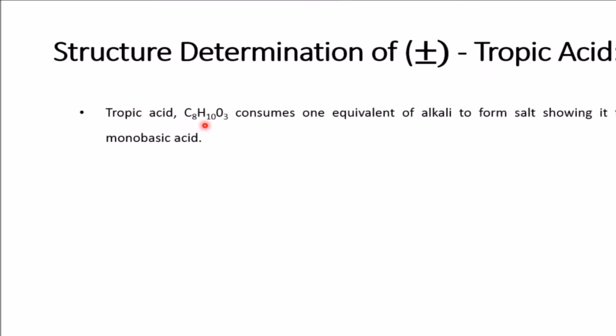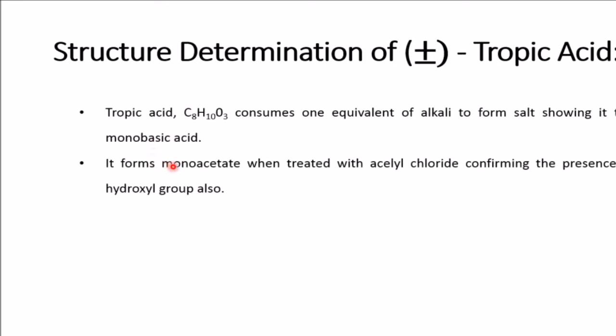Tropic acid, having molecular formula C8H10O3, consumes one equivalent of alkali to form a salt, showing it to be a monobasic acid. It forms a monoacetate when treated with acyl chloride, confirming the presence of a hydroxyl group.